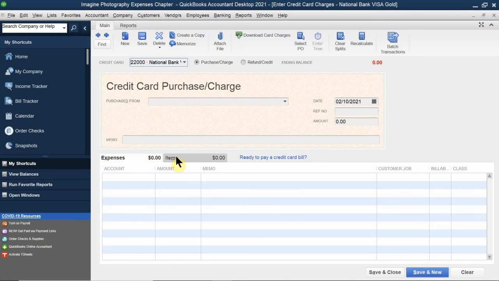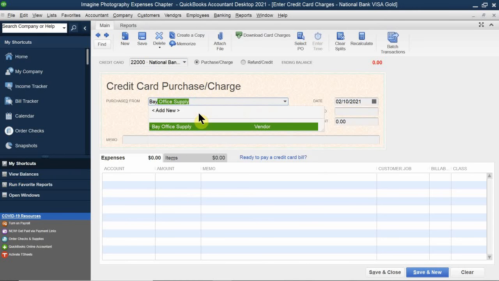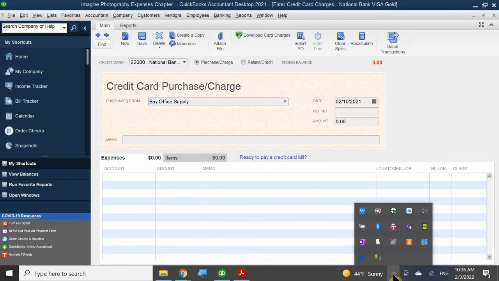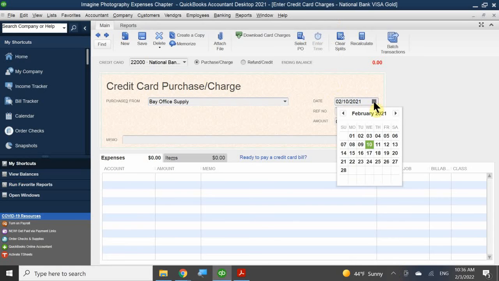Now let's enter in our transaction here. We are going to be doing a transaction for, once again, Bay Office Supplies, for the 24th of February. So again, we just had them in here, Bay Office Supplies, and the date is the 24th.